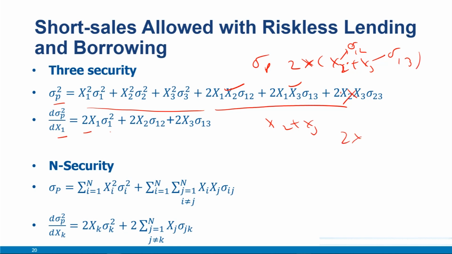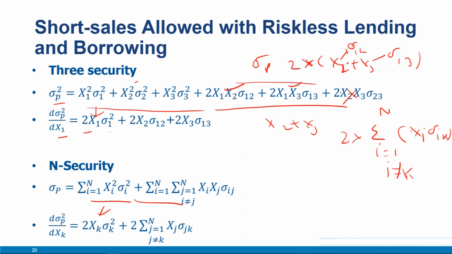In general, it is 2 times the summation i from 1 to n, where i is not equal to k, of xi sigma ik. So this is what we get here. When we differentiate, the first term, for example 2 times x1 sigma 1 square, generalizes to 2 times xk sigma k square, the generic term, and in the remaining, these terms will become 0.